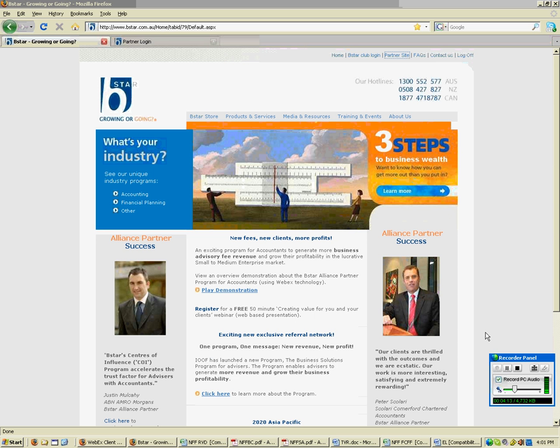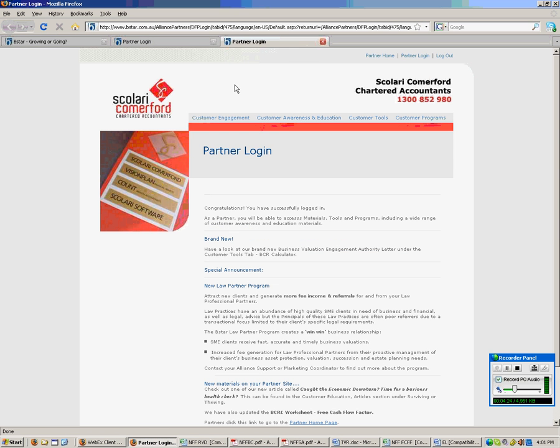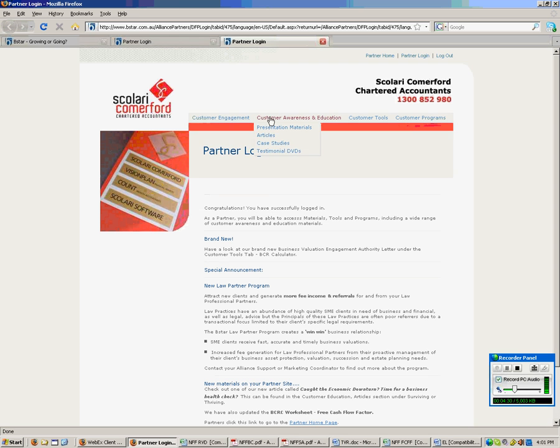To use the Business Capitalisation Rate Calculator, BStar Alliance partners go to the BStar website and log into their partner site. BStar creates branded partner sites for alliance partners to access the materials, tools, and programs.